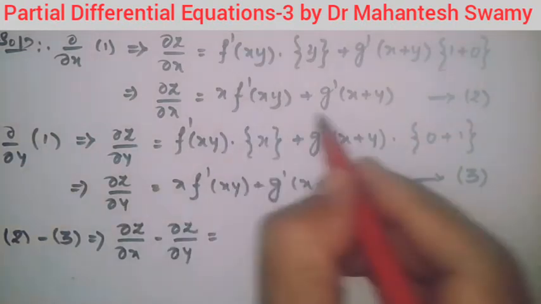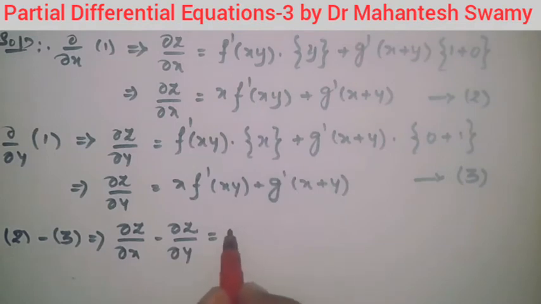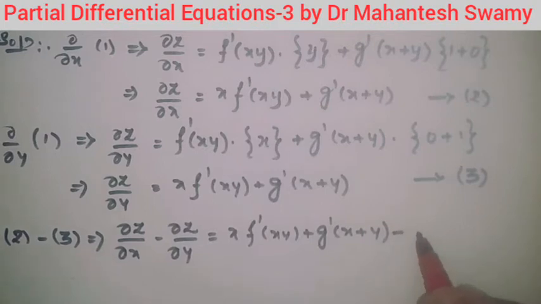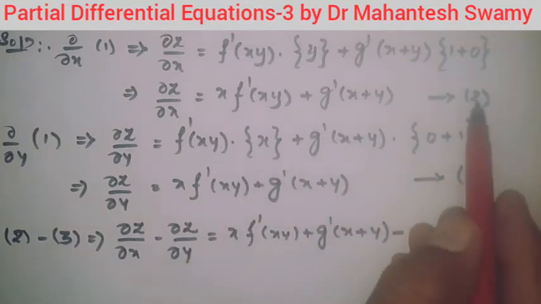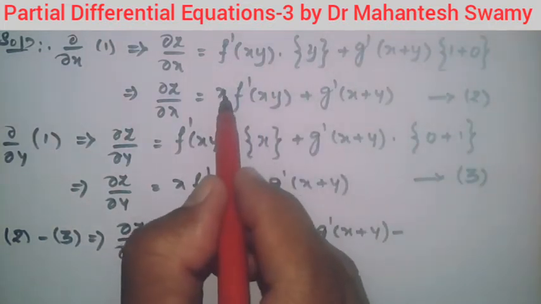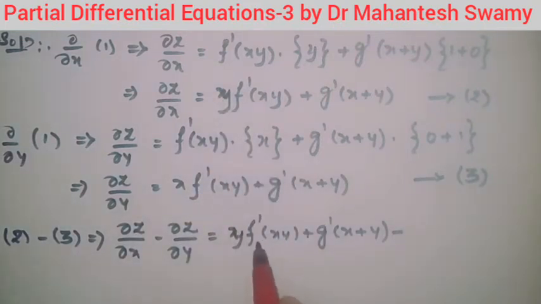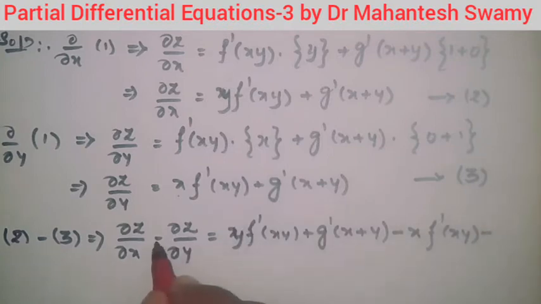And on RHS, let us write down the RHS of equation 2, that is x into f dash of xy plus g dash of x plus y, the RHS of equation 2, minus RHS of equation 3 is x into, sorry, I have made a mistake here. In equation 2 the multiple is y, please make a correction. This is the correction I am doing here, so that is coming over here, and here in this term it is x into f dash of xy minus g dash of x plus y, because we are taking minus sign.